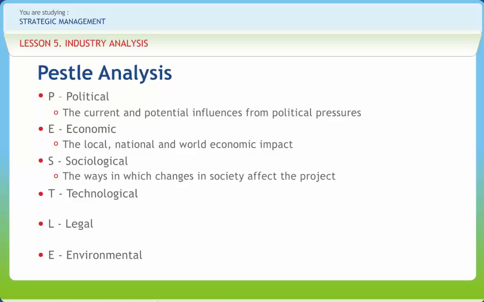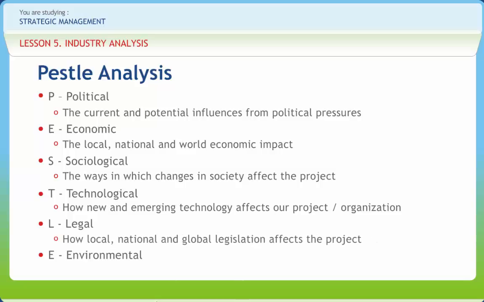In technological analysis, we analyze how new and emerging technology affects our project or organization. In legal analysis, we analyze how local, national, and global legislation affects the project. In environmental analysis, we analyze local, national, and global environmental issues.